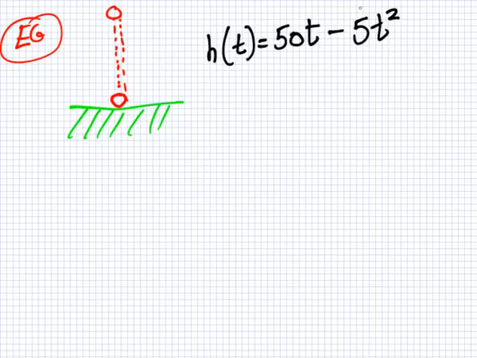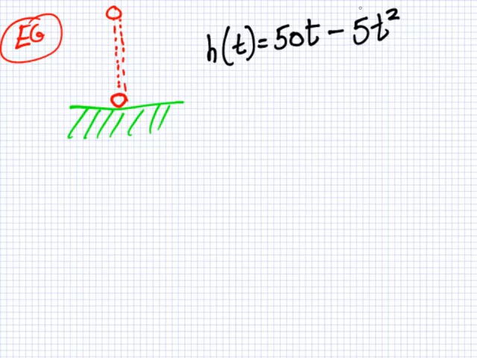So you can see if t is 0, what's the height? 0. Of course, because it starts on the ground. Then it increases, and then the height decreases.